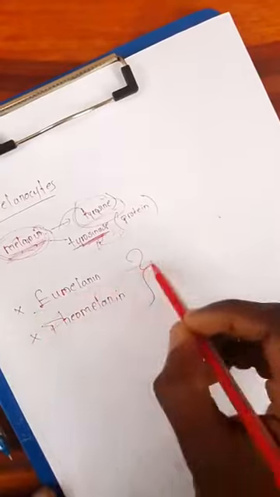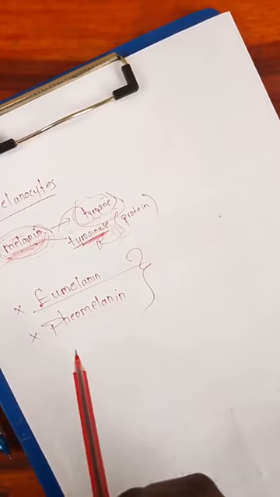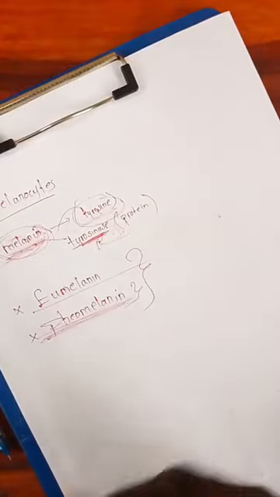Eumelanin is a dark brown pigment that is produced by the melanocytes. And pheomelanin is a pigment that is found in red hair. Those people with red hair have this pigment, which is also melanin produced by the melanocyte.